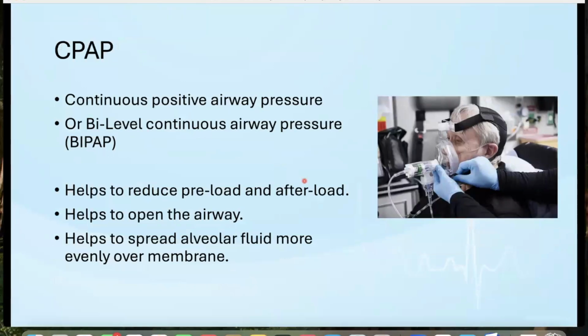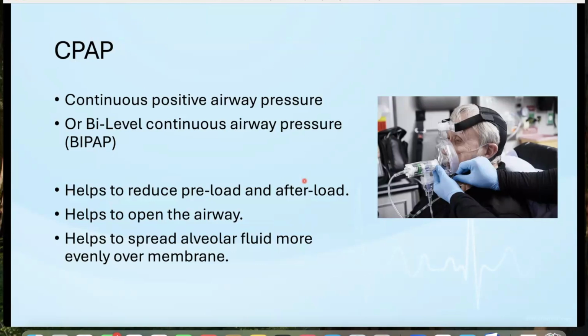So let's talk briefly about CPAP since we just mentioned it. It stands for continuous positive airway pressure. We are starting to see some EMS agencies carrying BiPAP, or bi-level positive airway pressure. BiPAP is a little more sophisticated and requires a more advanced machine because the machine is able to sense when you're inhaling and also when you're getting ready to exhale, and it provides a higher pressure when you are inhaling to help get that oxygen into your lungs.